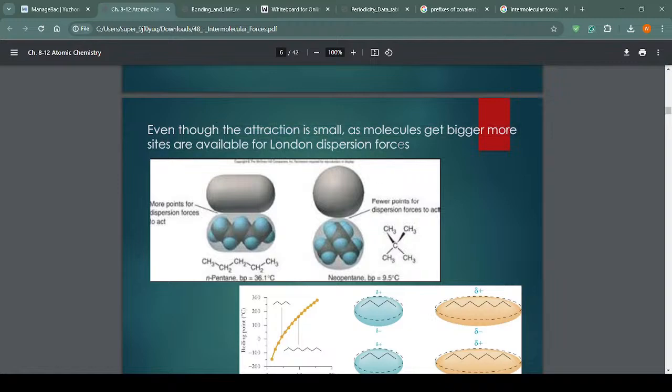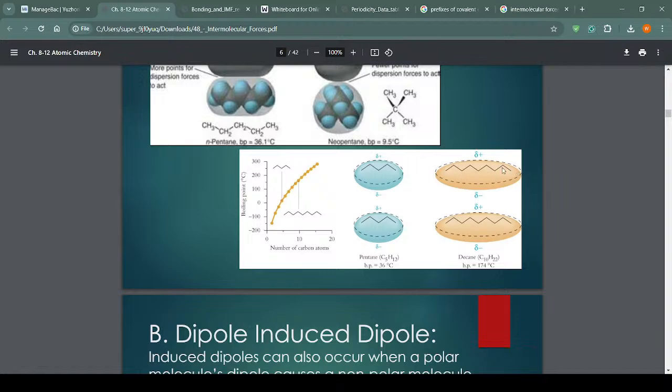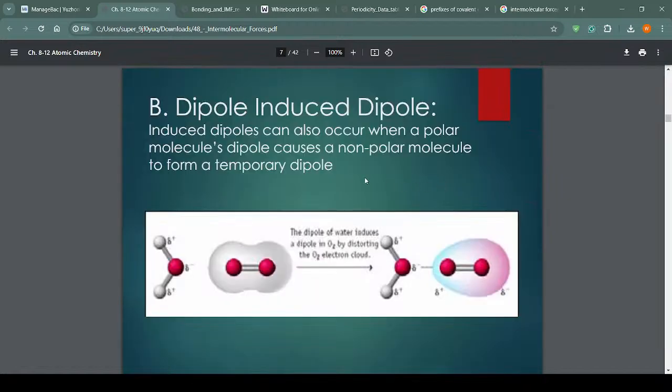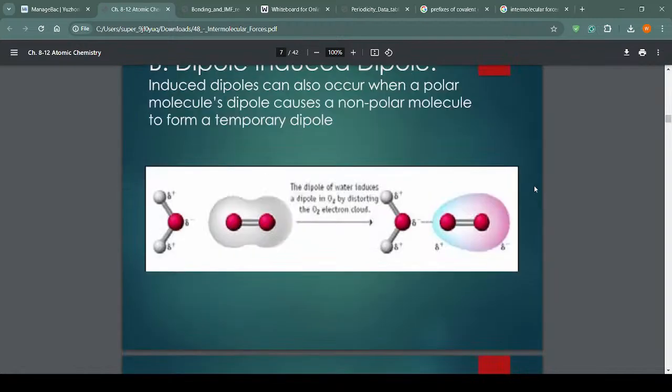Even though electrons are small, as molecules get bigger, there are enough London dispersion forces. Dipole-induced dipole can also occur when a polar molecule's dipole causes a non-polar molecule to form a temporary dipole. The dipole of water induces a dipole in oxygen by distorting the O2 electron clouds.